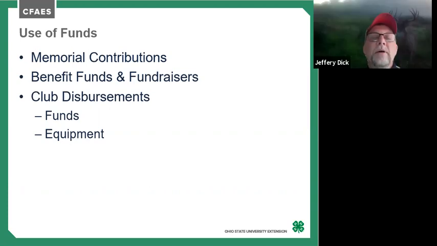And I'll go ahead and talk about the use of some of the funds. Of course, there may be memorial contributions, benefit funds and fundraisers, club disbursements for different things. So memorial contributions, if a club decides that they want to contribute to a memorial, they certainly need to not use monies that would be already in the 4-H club account for that.